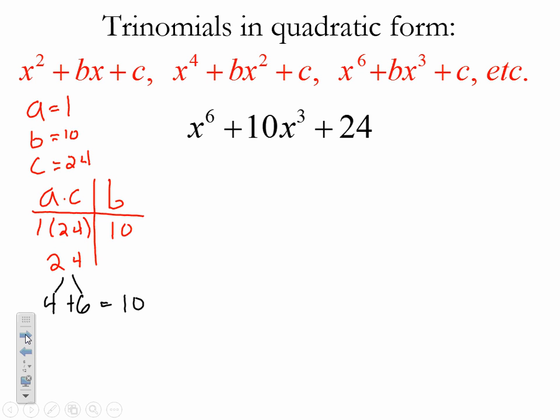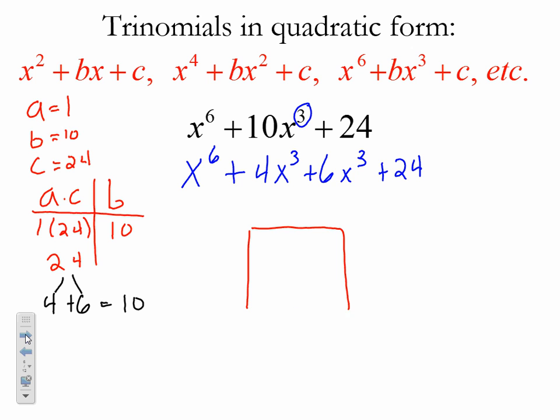We're going to rewrite our original problem. Here is where it changes a little bit. I'm going to write x to the 6 plus 4x cubed, because that's what this is, plus 6x cubed plus 24. With this, now I can plug it into my box again. We get x to the 6, 4x cubed, 6x cubed, and 24.